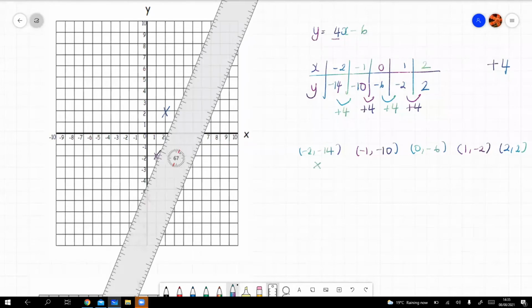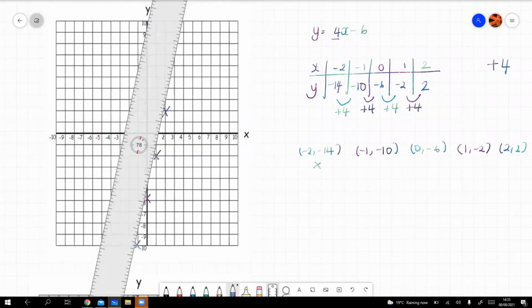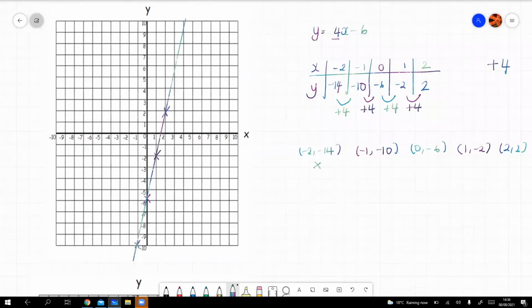Okay, so let's plot this. Slightly tricky with doing it on your tablet. Okay, and I'm going to write that as y equals 4x minus 6. Okay, and just a little bit of recap from what we did at the start. We did y equals mx plus c, didn't we?